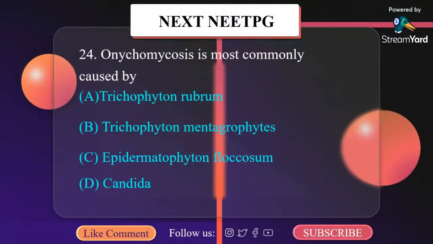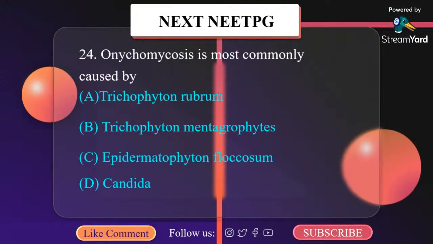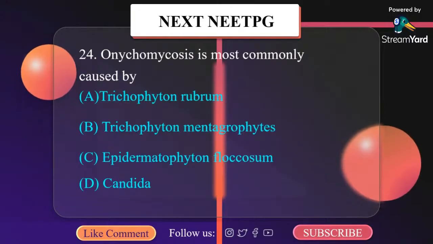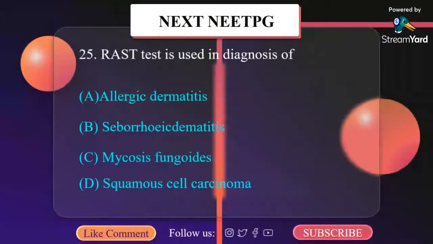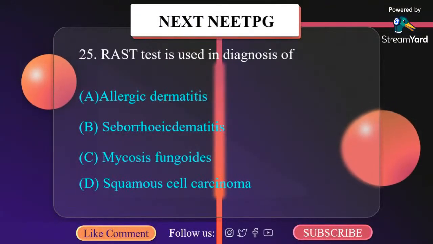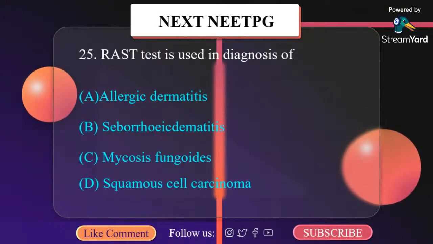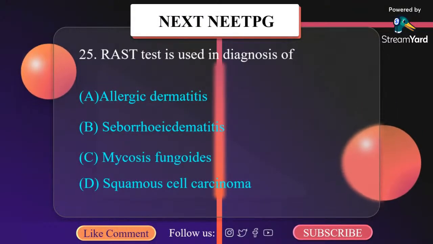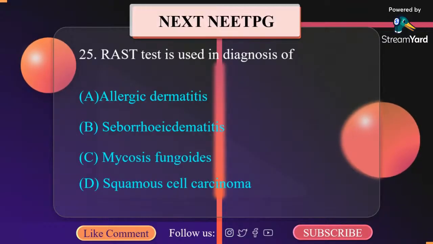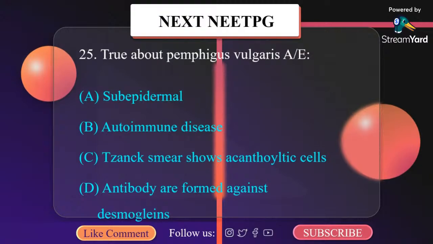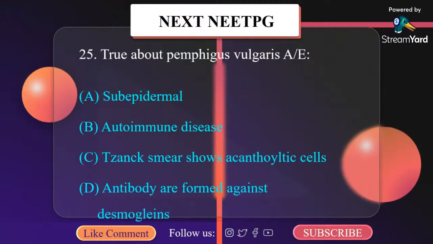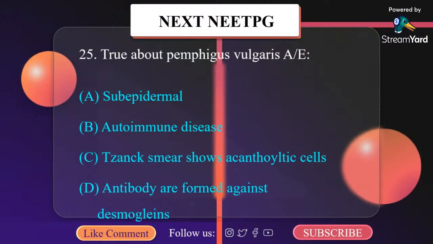Onychomycosis is most commonly caused by: A. Trichophyton rubrum. B. Trichophyton mentagrophytes. C. Epidermophyton floccosum. D. Candida. It is Trichophyton rubrum. Patch test is used in: A. Allergic dermatitis. B. Seborrheic dermatitis. C. Mycosis fungoides. D. Squamous cell carcinoma. It is allergic dermatitis. True about pemphigus vulgaris: subepidermal, autoimmune, Tzanck smear shows acantholytic cells.